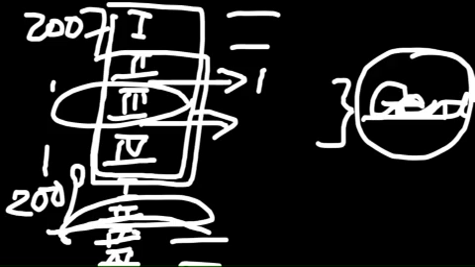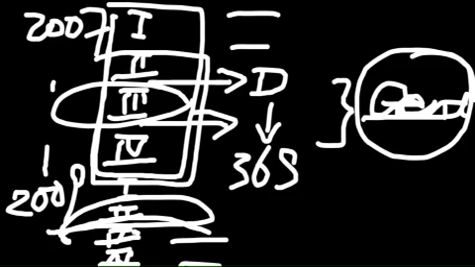But here, the D will not be missing. So your D will be 3685, and your C is missing, and your F, G, H are also missing.